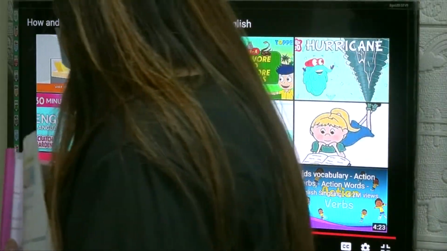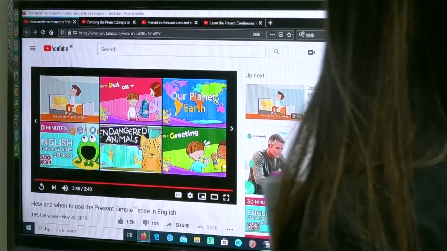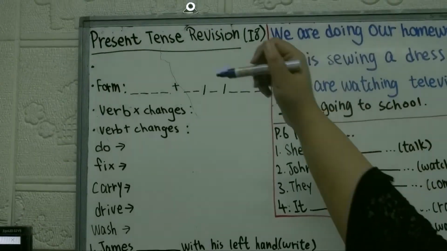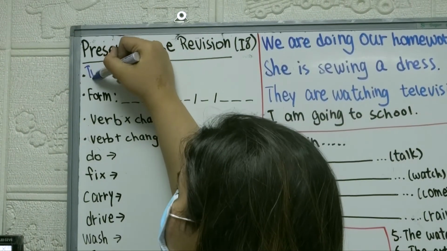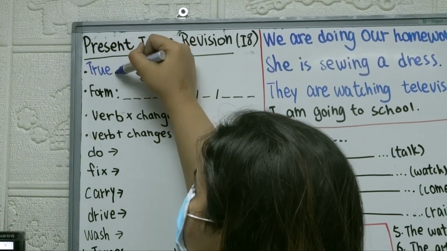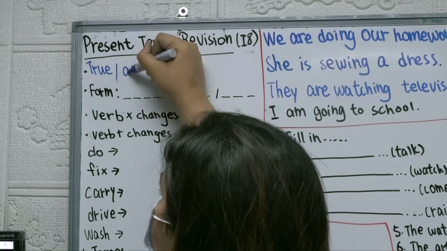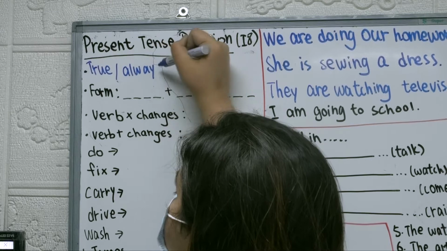Alright, so basically when do we use present tense? This video has shown you, right? Also, we have learned about that from the last lesson. When we use present tense, we tell everybody something that is true, and something that always happens.